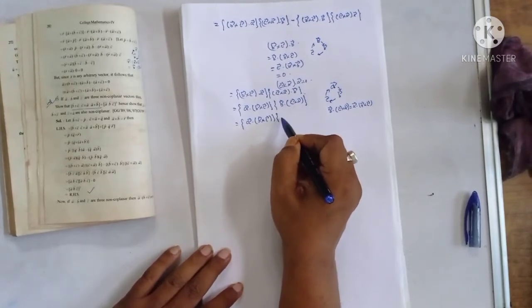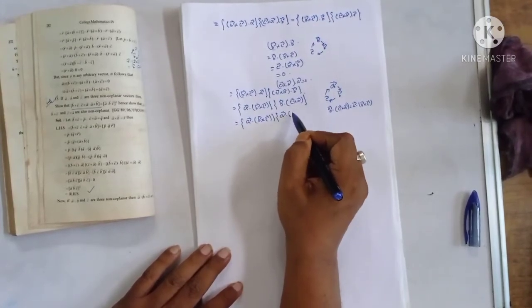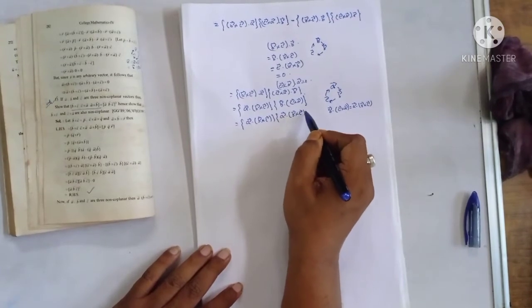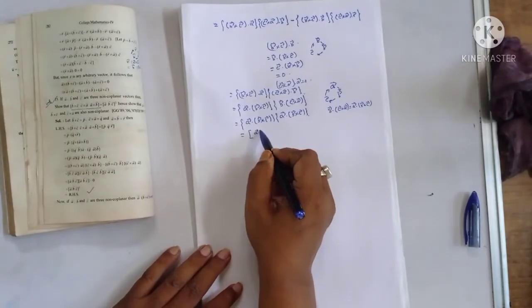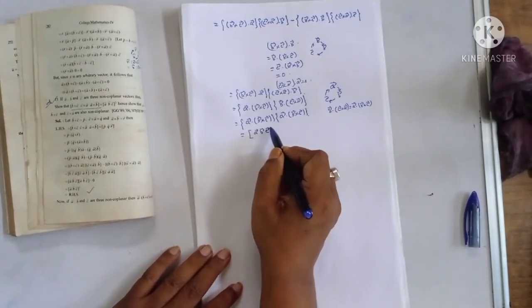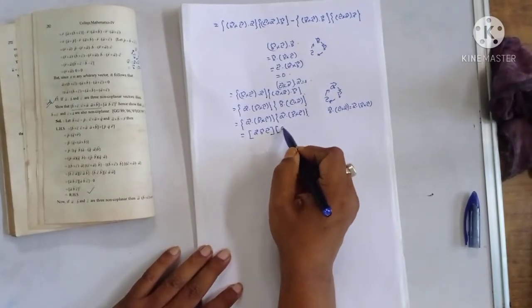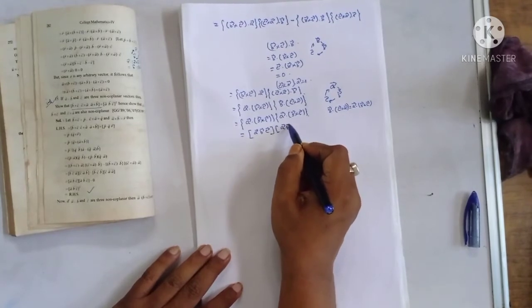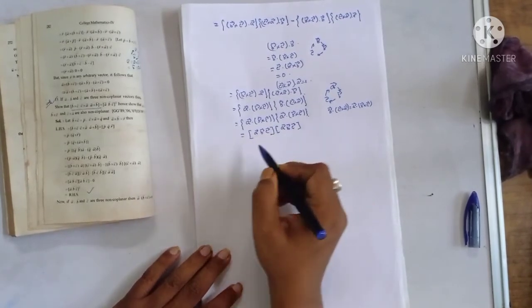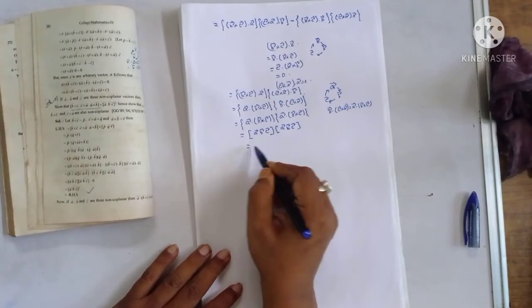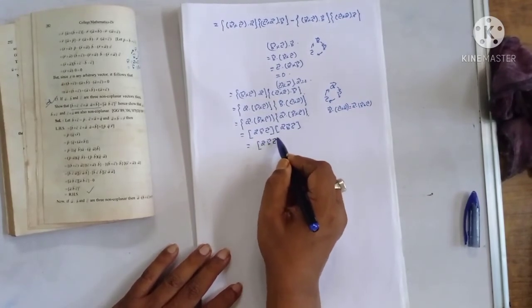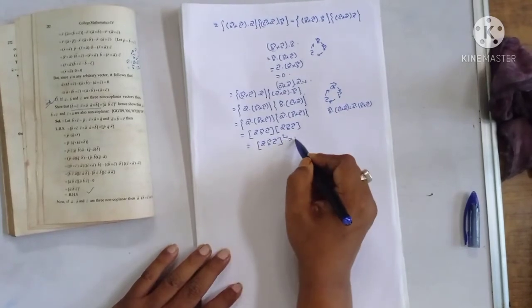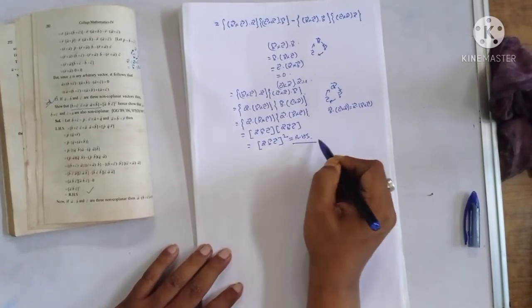This also you can write as A vector dot B vector cross C vector. So this is A, B, C, and this is also A, B, C. So this is equal to A, B, C the whole square. This is the right hand side.